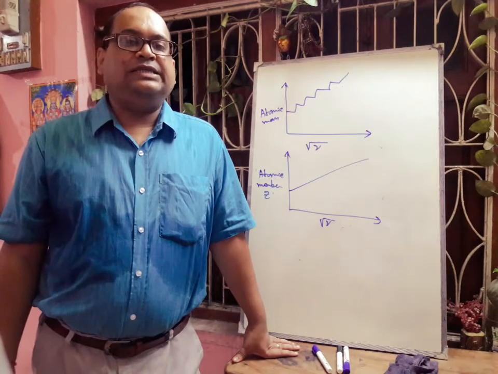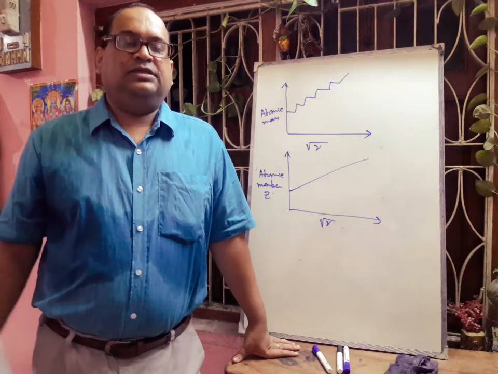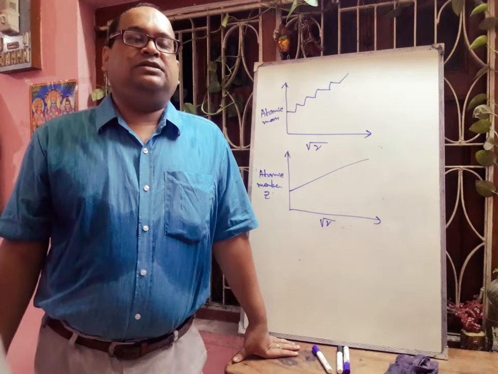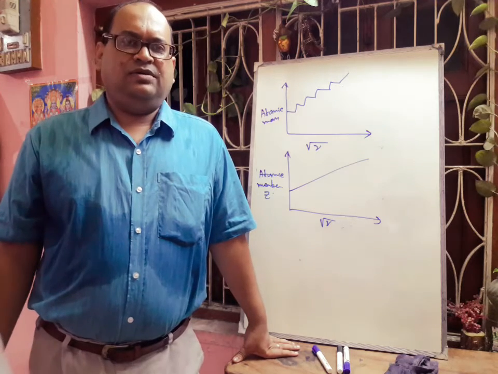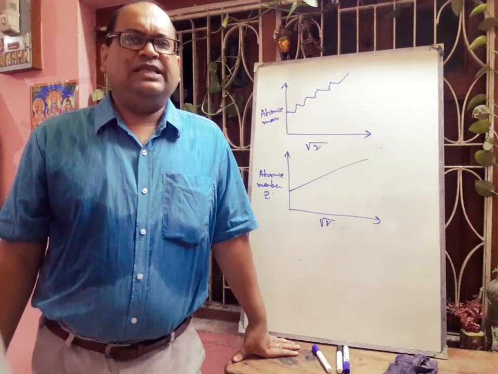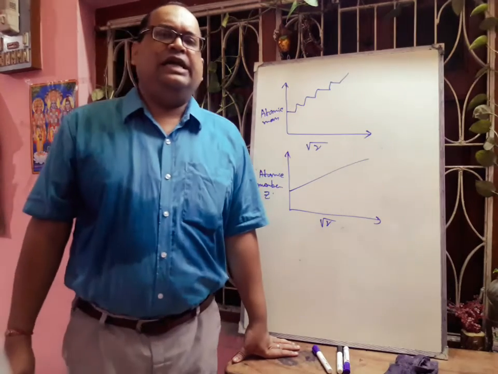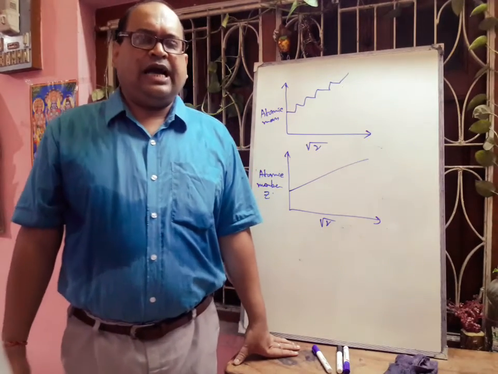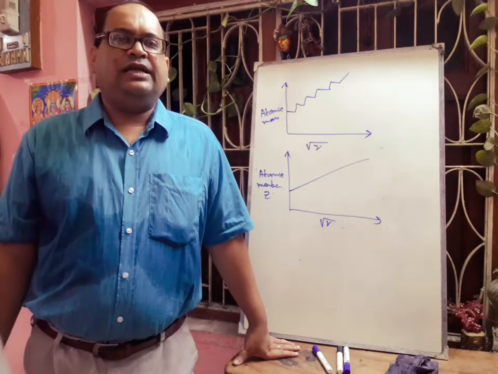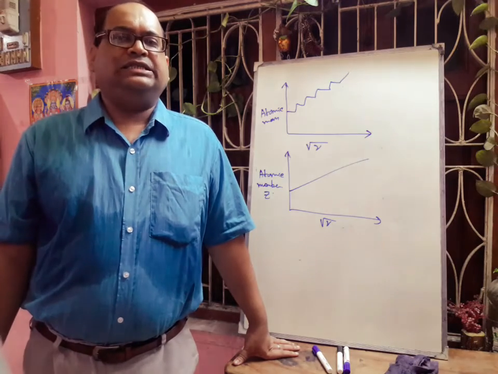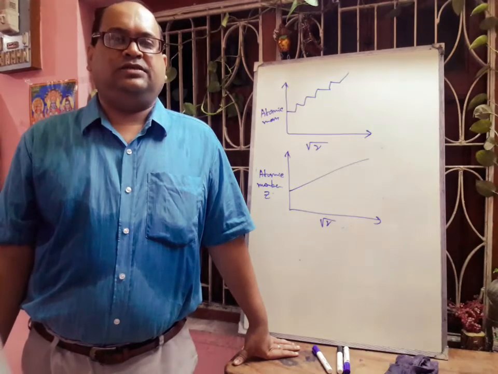That is, when elements are arranged in increasing order of their atomic numbers, similar elements will repeat, or we can say recur, after regular intervals. The recurrence of elements with similar properties after certain regular intervals, when these are arranged in increasing order of their atomic numbers, is called periodicity.